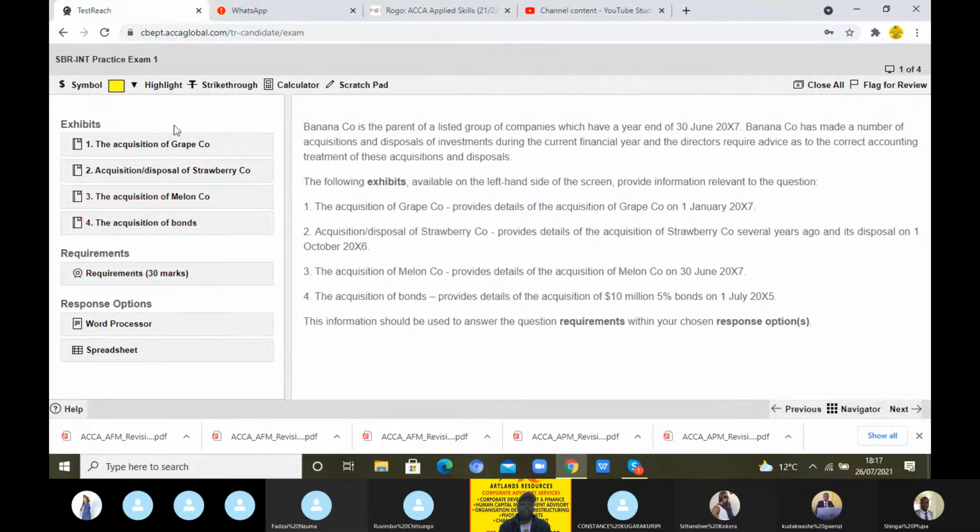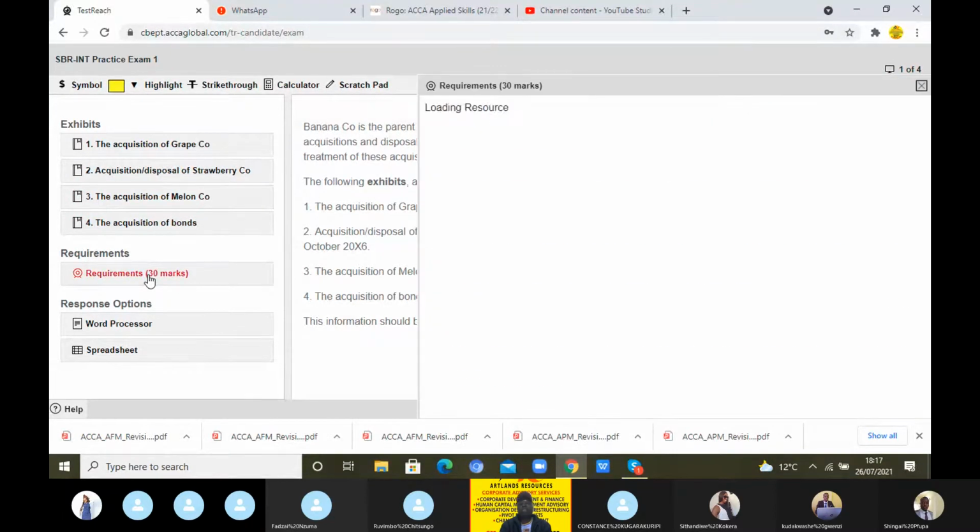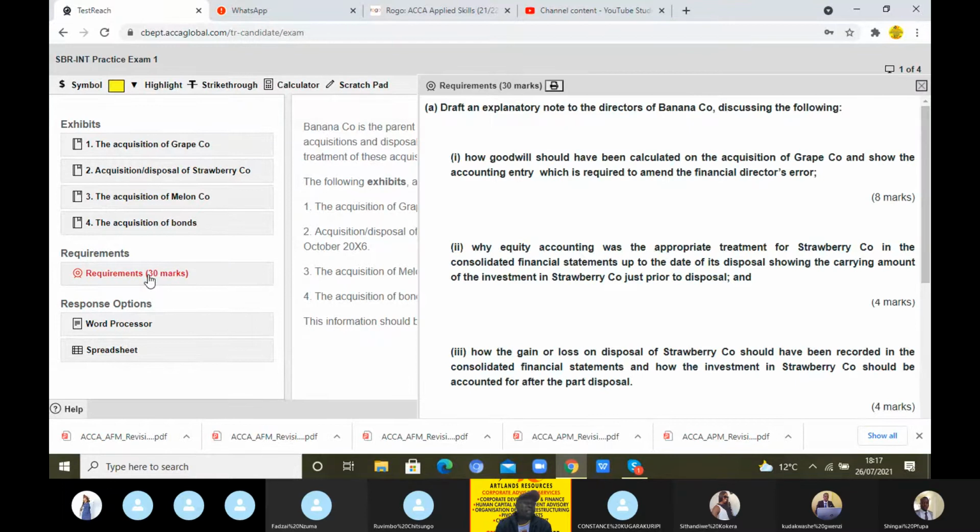So I encourage you before you read exhibits to read requirements so that you appreciate what the examiner is looking for. So the question says, draft an explanatory note to the directors of Banana discussing the following. One, how goodwill should have been calculated on acquisition of Grape, and show the accounting entry which would be required to amend the finance director's error.